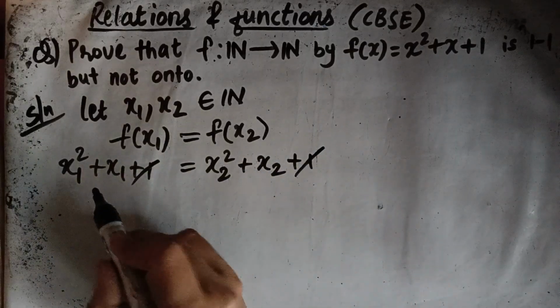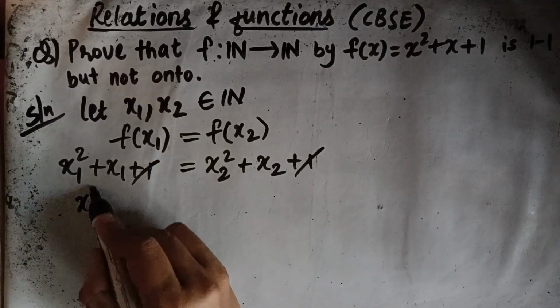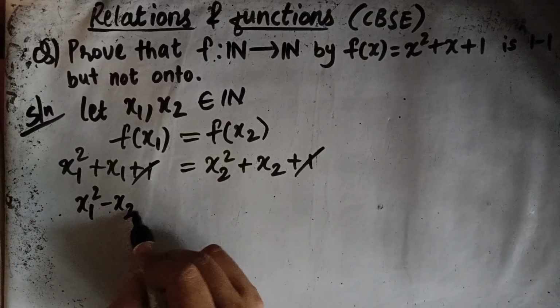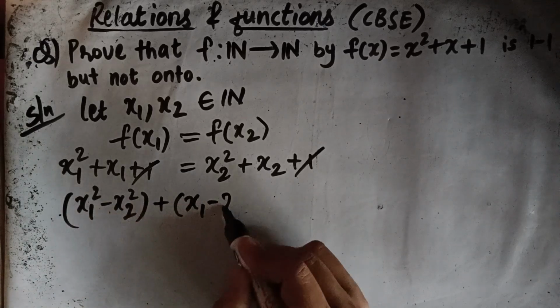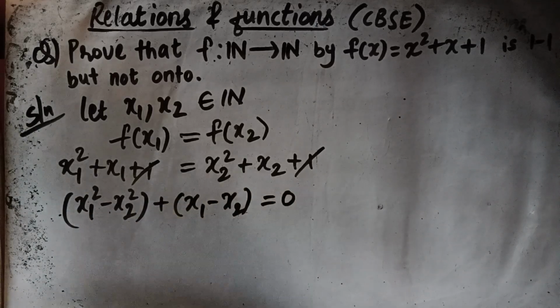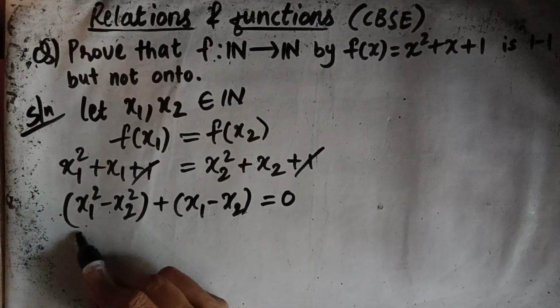This gets cancelled. If you take x2 square and x2 to this side, you get x1 square minus x2 square plus x1 minus x2 equal to 0. Here you can use a square minus b square.